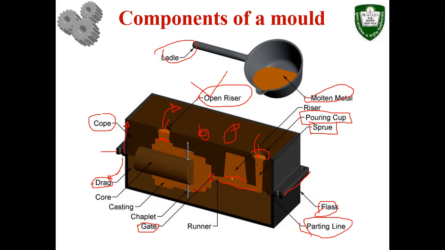Another task of these two risers is related to solidification. As we already know, when you heat a metal part, it expands, right? If you heat it up, then its volume will increase, and if you make it liquid, the volume will further increase.